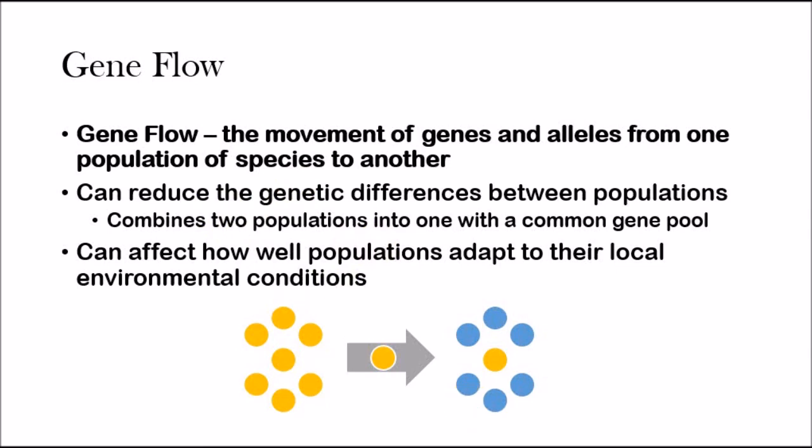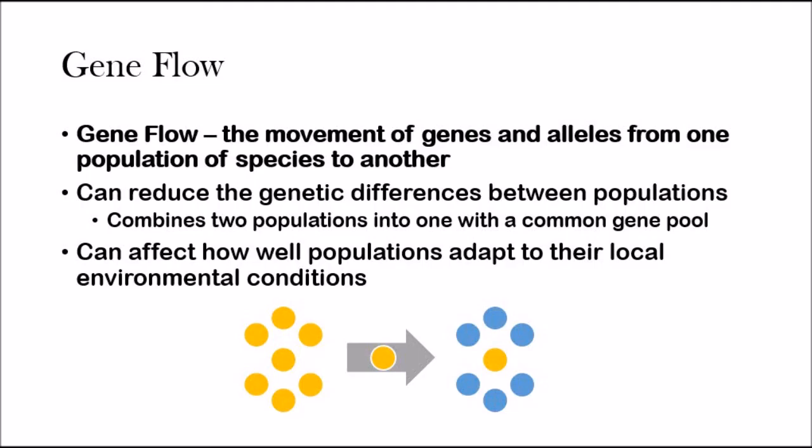That's gene flow, and that can cause changes in allele frequencies again, because you have one population with specific allele frequencies, and another population with specific allele frequencies. When they merge together, obviously these allele frequencies are going to change, and because of that, gene flow is another final example of microevolution.